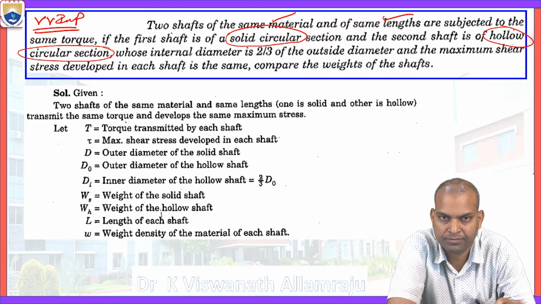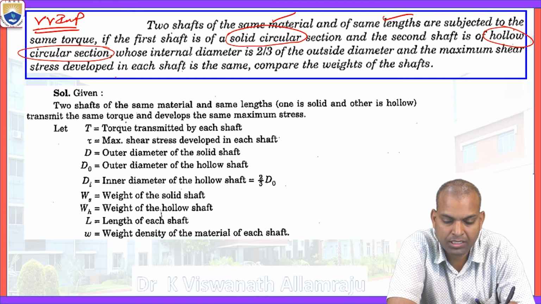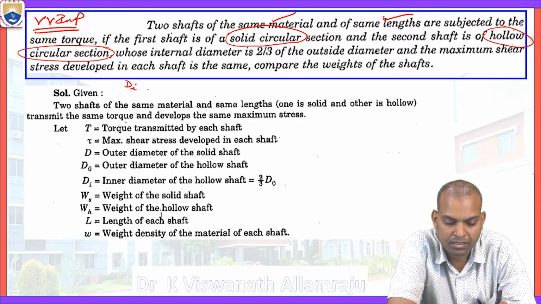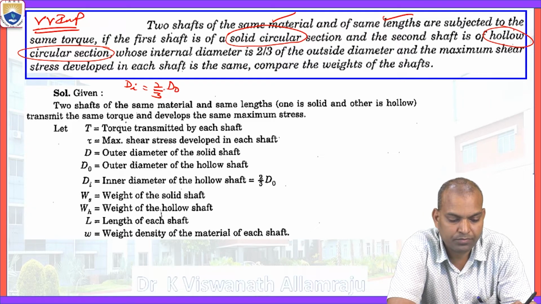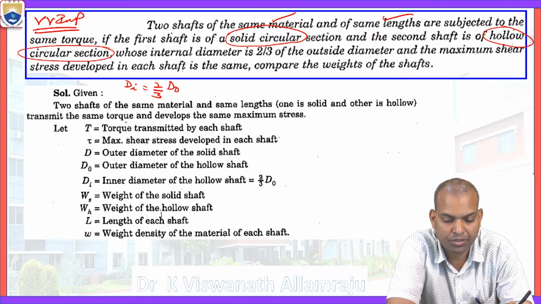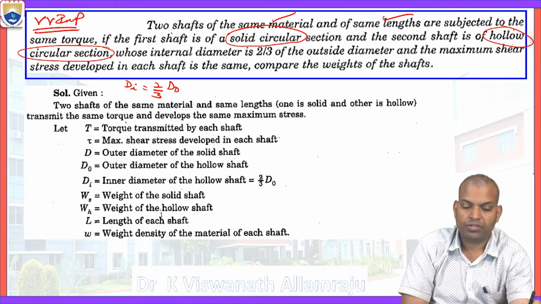L remains same, material remains same, whose internal diameter di is two-third of outer diameter, and the maximum stress developed in each shaft is the same. Compare the weights of the shafts.